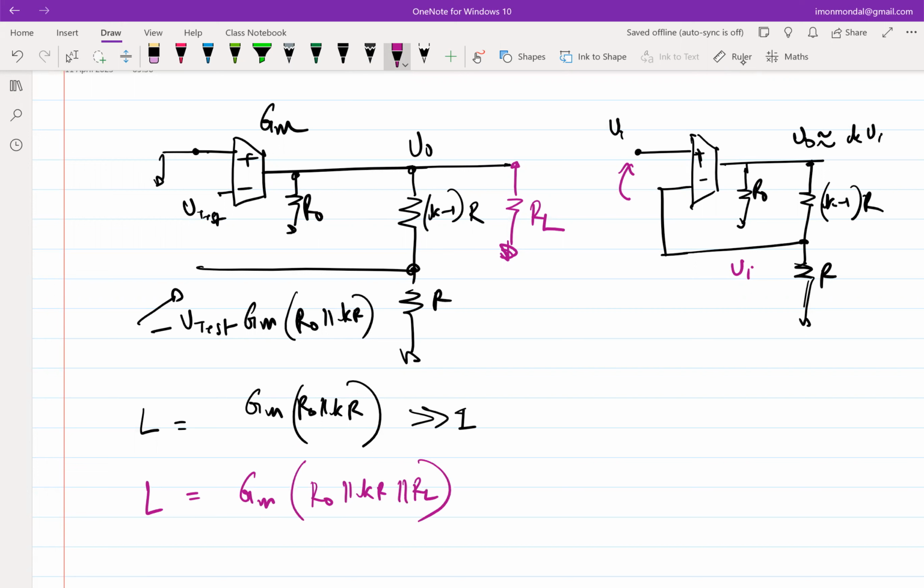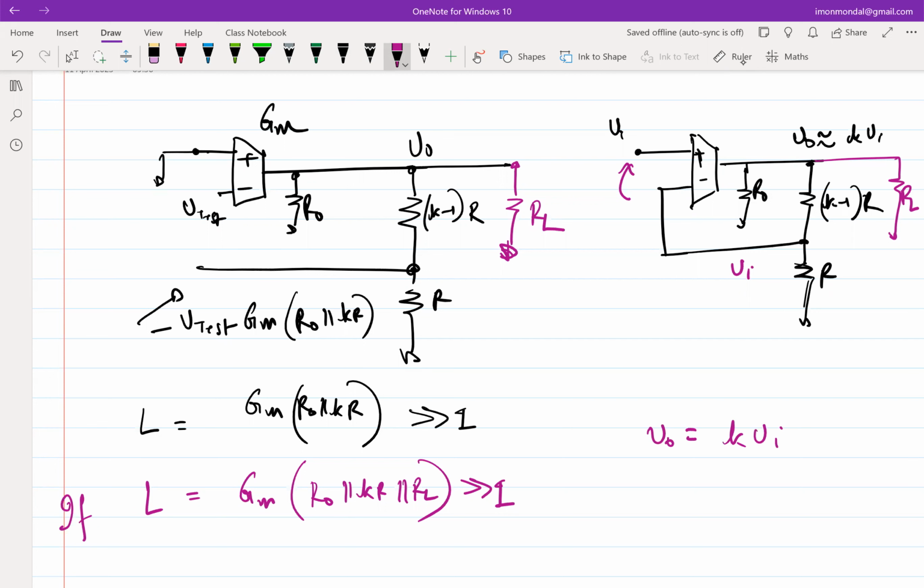Now, if we can make this much greater than 1, what would V0 be in the diagram on the right? It would be the same, right? V0 will be K times Vi.